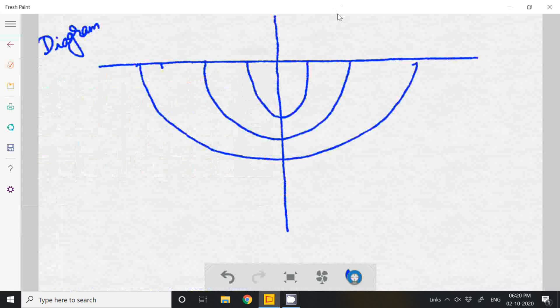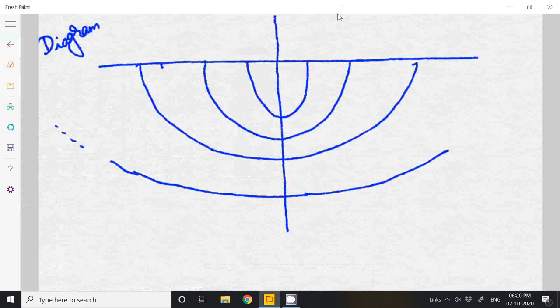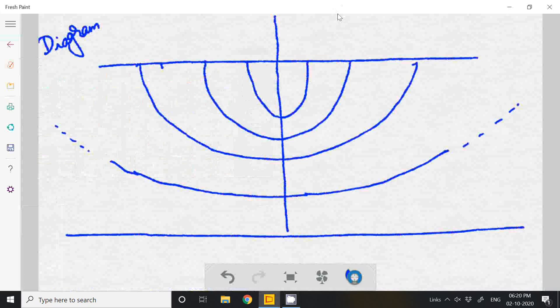And this fourth flow line's endpoint will be somewhere far away. And this one is the impermeable layer. So this is the problem which is given to us in the form of a diagram, and equipotential lines are given to us. So I'll draw it for you.